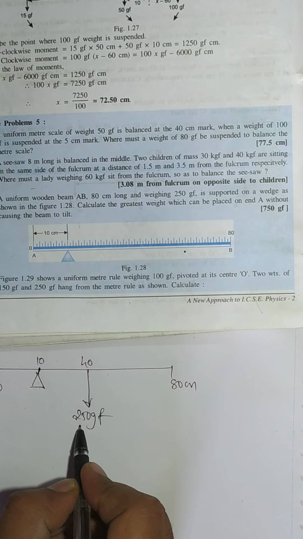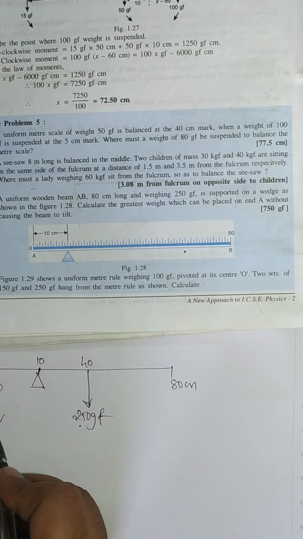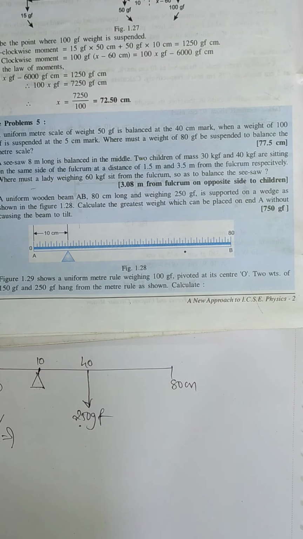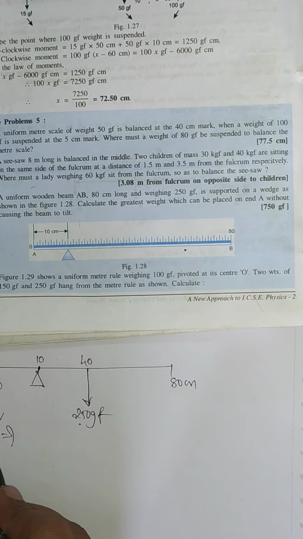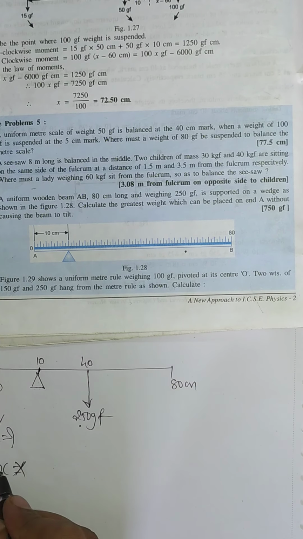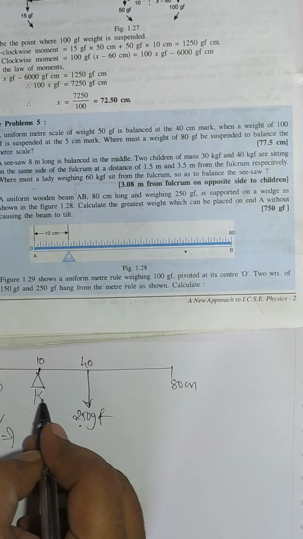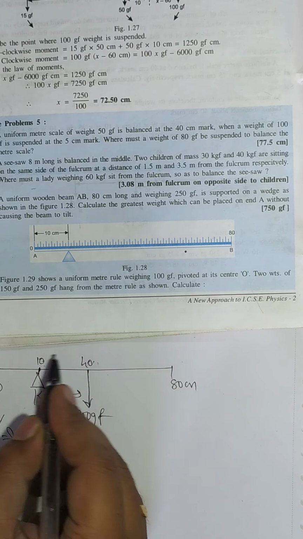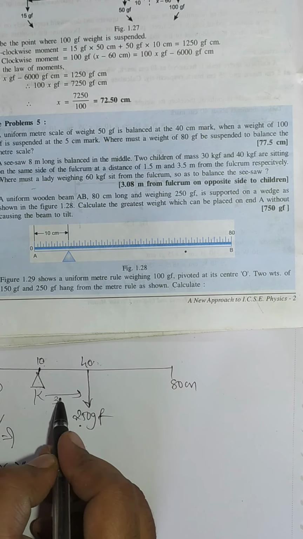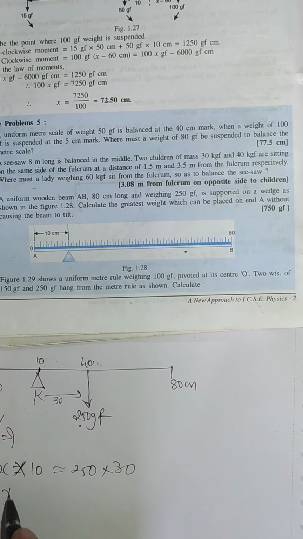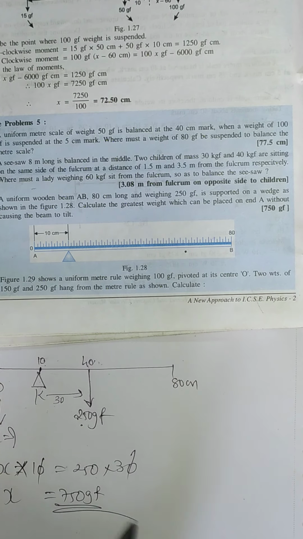Calculate the greatest weight which can be placed on the end A. So how much weight can you place here so that this condition gets balanced? Again let us say X is the greatest weight. So force into perpendicular distance, here also force into distance. This distance is 40 minus 10, final minus initial position, so 30. So X you will get as 750 grams. Simple, very simple it is.